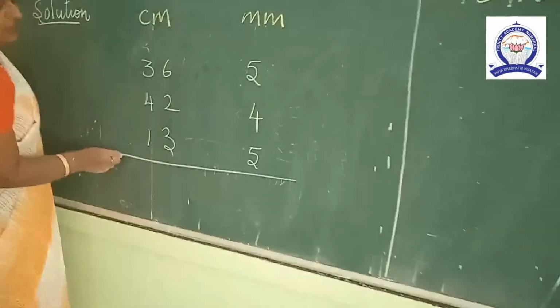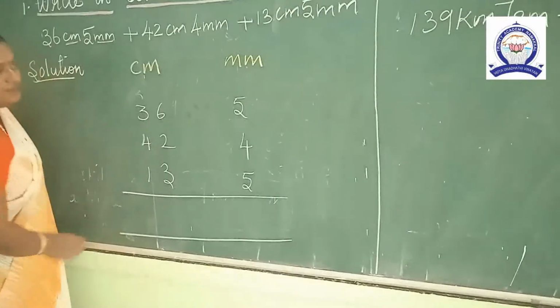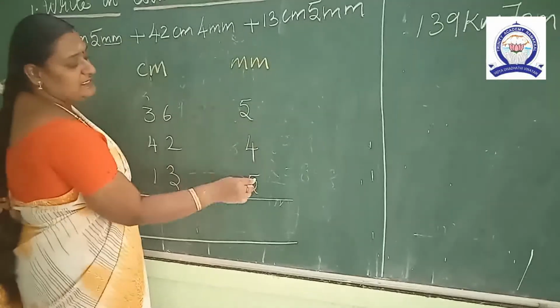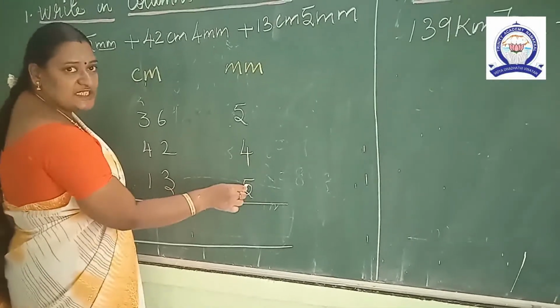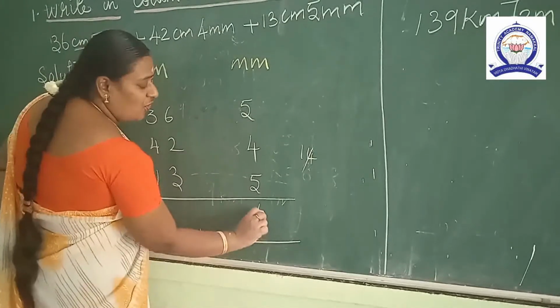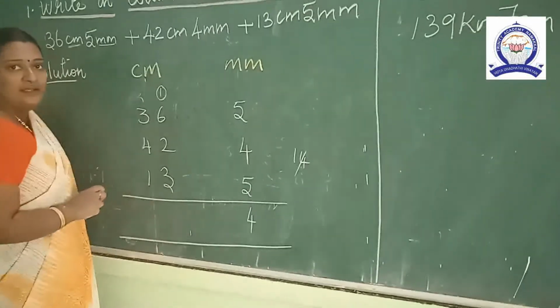So we have to arrange in column and solve. Now you add like ordinary numbers. So 5 plus 4 is 9, 9 plus 5 is 14. So 14 means you write 4, 1 carry over to the next column.